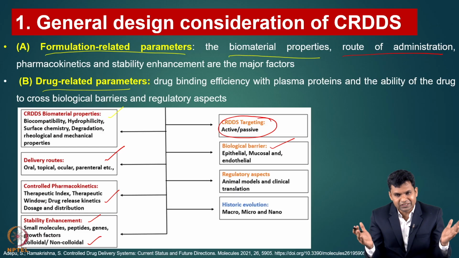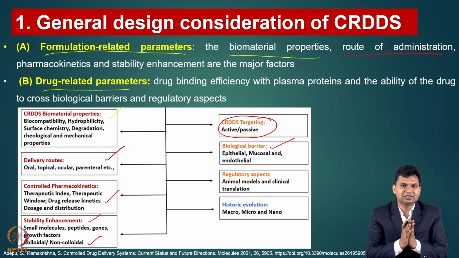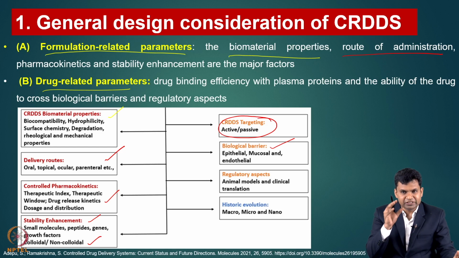So, we can try the oral route, we can try the nasal route and other brain targeting systems. With that we can improve the drug profile in the brain. So, we need to consider what the brain barriers and biological barriers are.